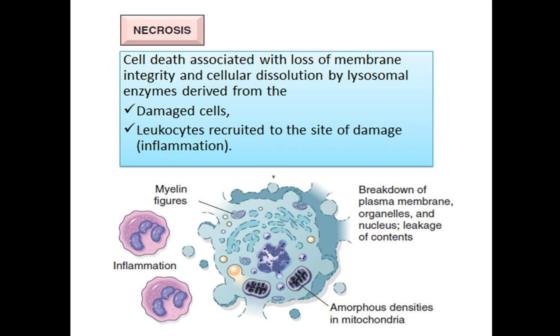Now, necrosis is cell death associated with loss of membrane integrity and cellular dissolution by lysosomal enzymes. These lysosomal enzymes are derived, number one, from the damaged cells, those cells that undergo necrotic cell death and whose lysosomal enzymes are released.